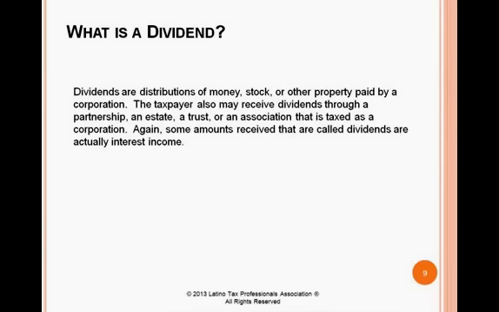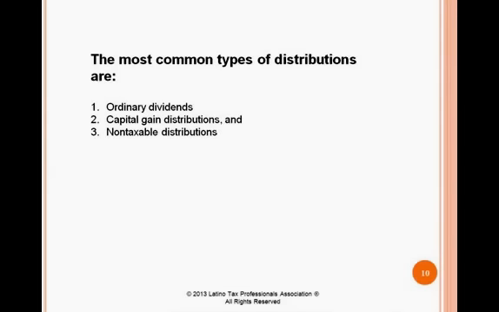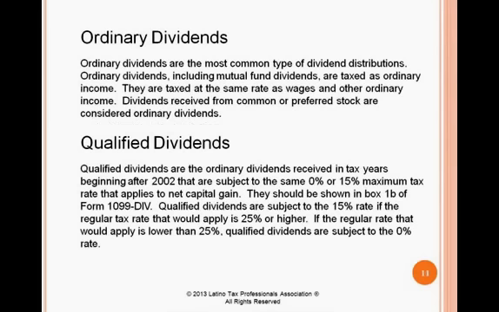So the taxpayer may receive dividends through a partnership, an estate, a trust, or an association that is taxed as a corporation. Again, some amounts received that are called dividends are actually interest income, but they will be reported on 1099 INTs. The most common types of distributions are ordinary dividends, capital gain distributions, and non-taxable distributions.